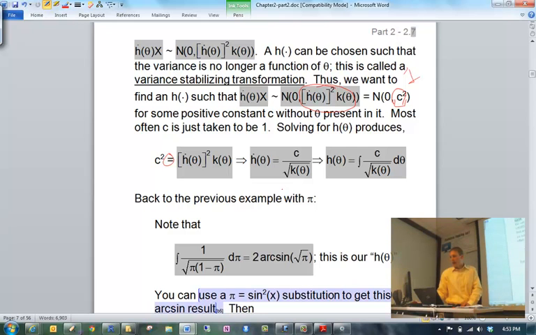So how about we move this k of theta over to this side, to be divided by k of theta. I take the square root of both sides, and I'm left with h dot of theta equal to c over the square root of k of theta. Let's get rid of that derivative by taking the integral of both sides, and that's how you find h.